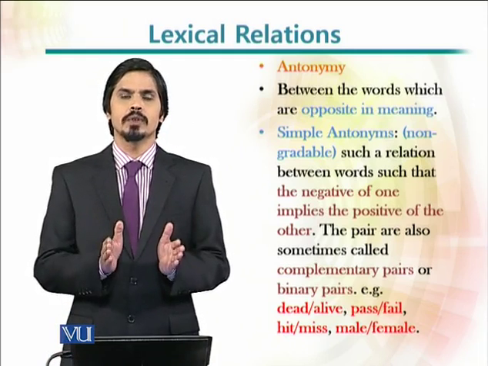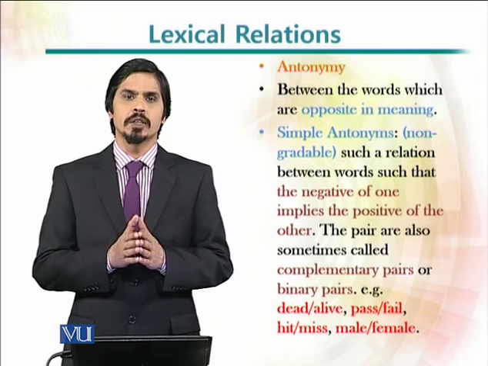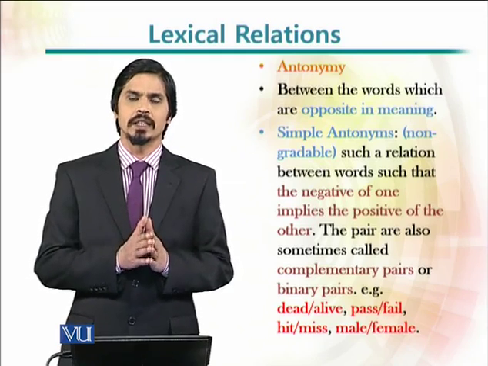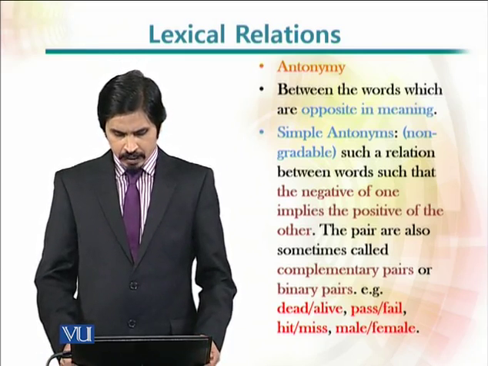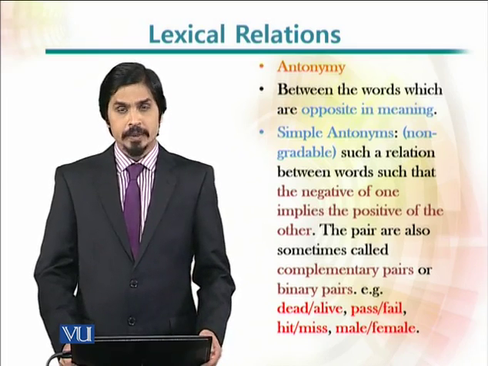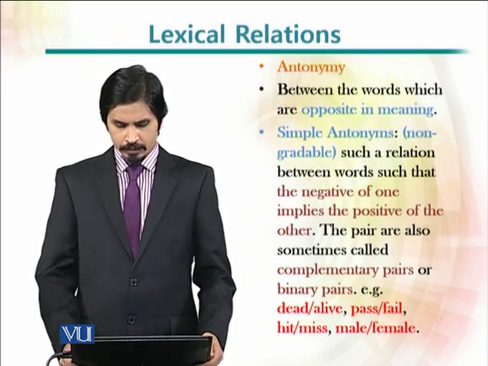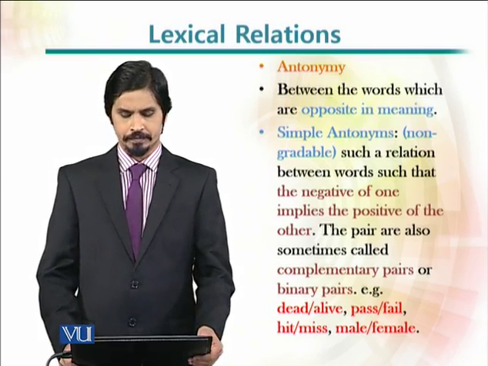So these words imply that the absence of one would mean the presence of the other. That's why we also call them binary pairs or complementary pairs. Some typical examples could be dead, alive, pass, fail, hit, miss, male, female.